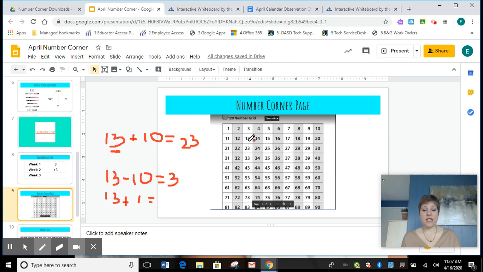If I'm at 13 and I add 1 more, well, I'm taking 1 hop forward, and I'd be at 14. But if I'm at 13 and I'm taking away a group of 1, it's going to look different. I need to hop backwards where my numbers are going to look smaller, and I'd end at 12.